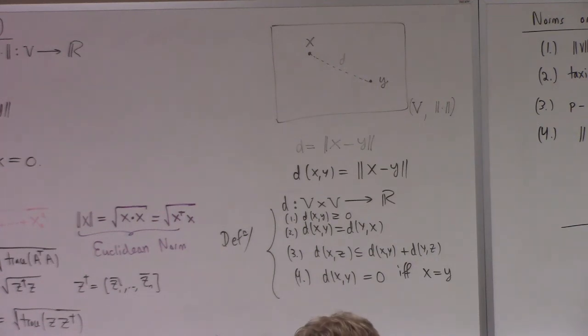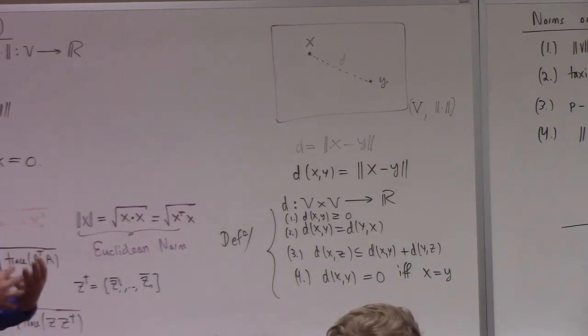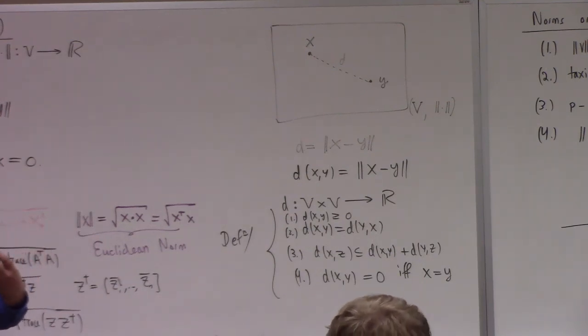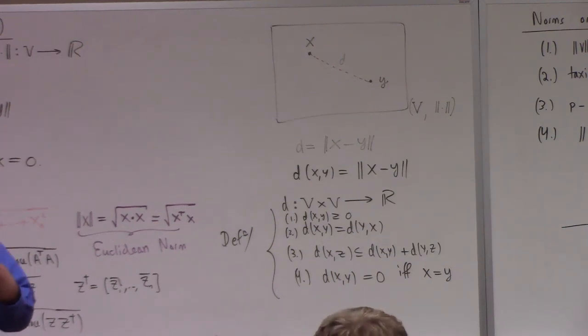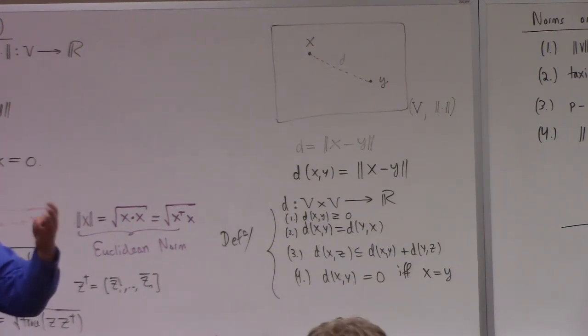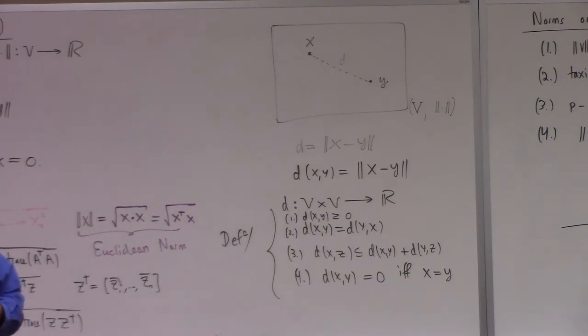Okay, so let's get back to what we're working towards. Our goal today is to explain what we mean by a limit of a function on a normed linear space. So if you've got a function going from one normed linear space to another, what do we mean by the limit as x goes to a of f of x equals L, right? That's what I'm trying to get to at the moment.